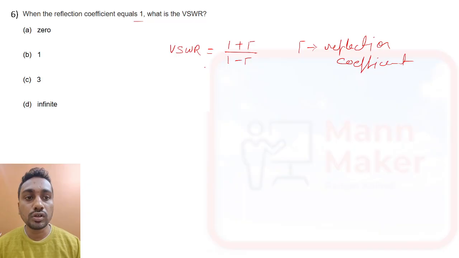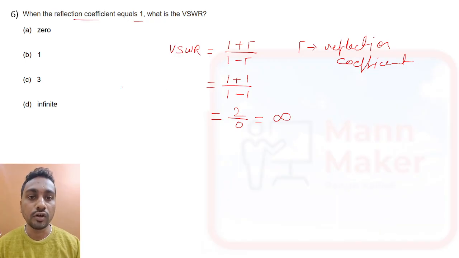Okay. So this is the formula for VSWR. And here the question is saying when reflection coefficient is equal to 1, means xi is 1. So we can put 1 plus 1 and 1 minus 1. This is 2 divided by 0, and anything divided by 0 is equal to infinity. Option D is the right answer.